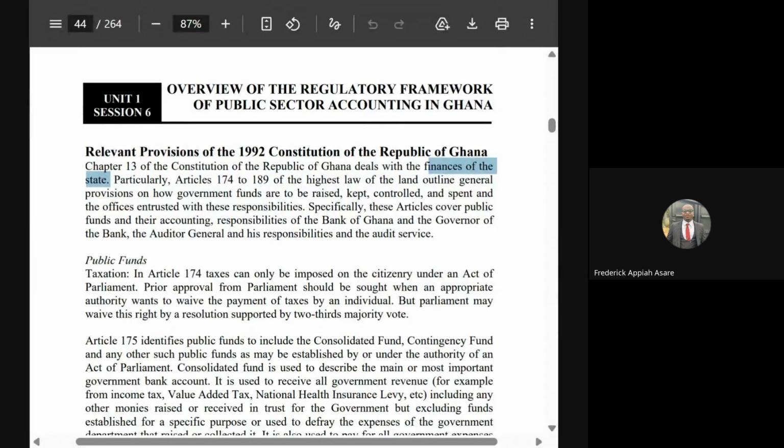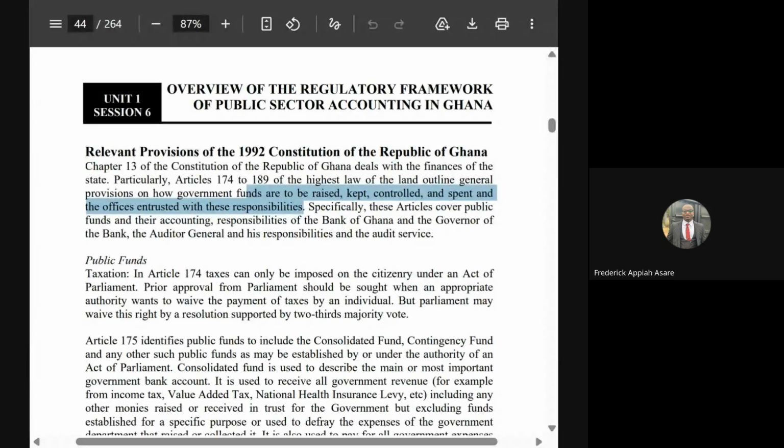It deals with the finances of the state, and particularly the articles 174 to 189 of the highest law, that is the Constitution. It usually outlines how government funds are raised, kept, controlled, and spent, and the offices entrusted with these responsibilities.